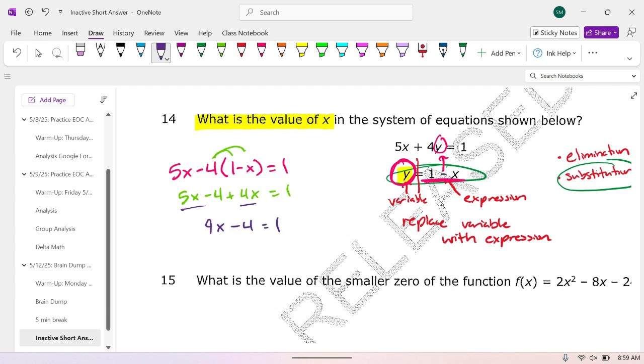Then what do I do? Add the 4 to both sides. 9x is equal to 5. Then what do I do? Divide by 5.